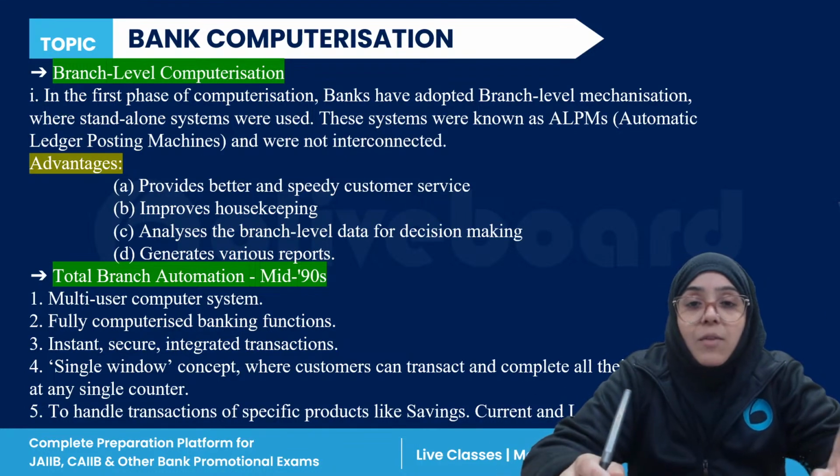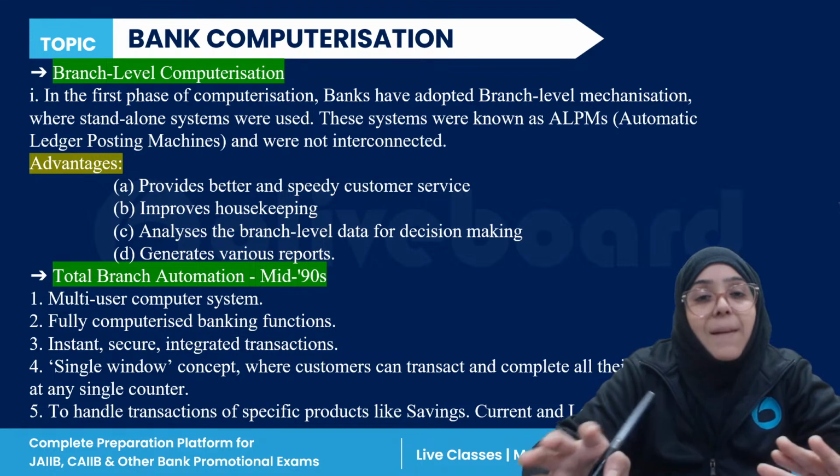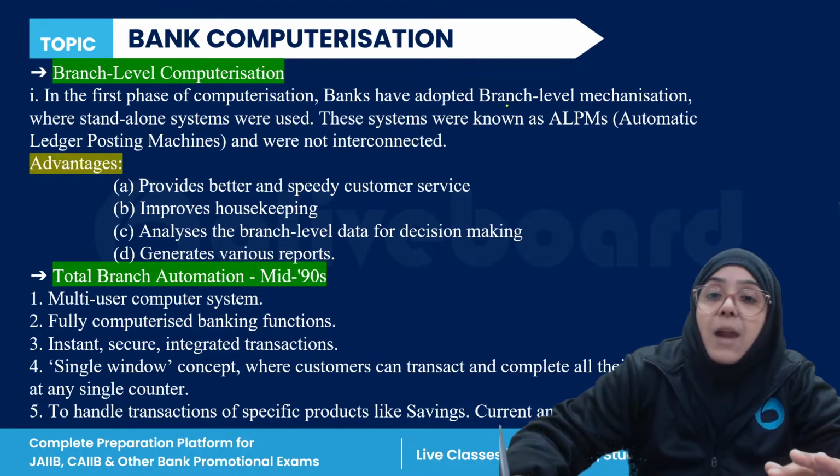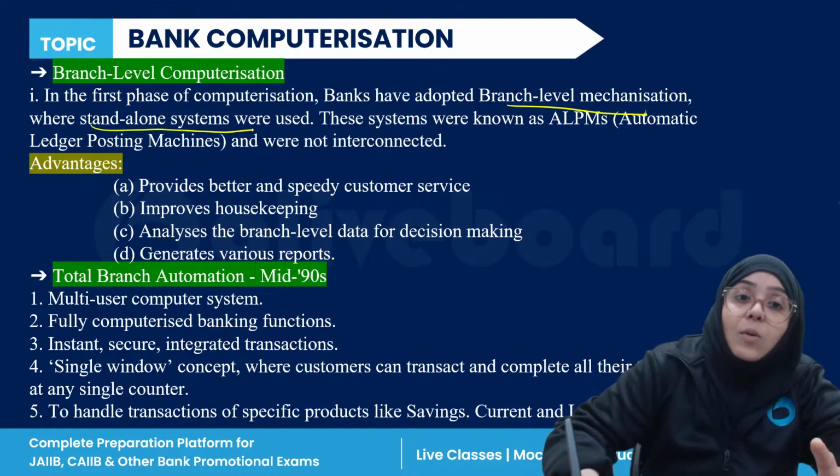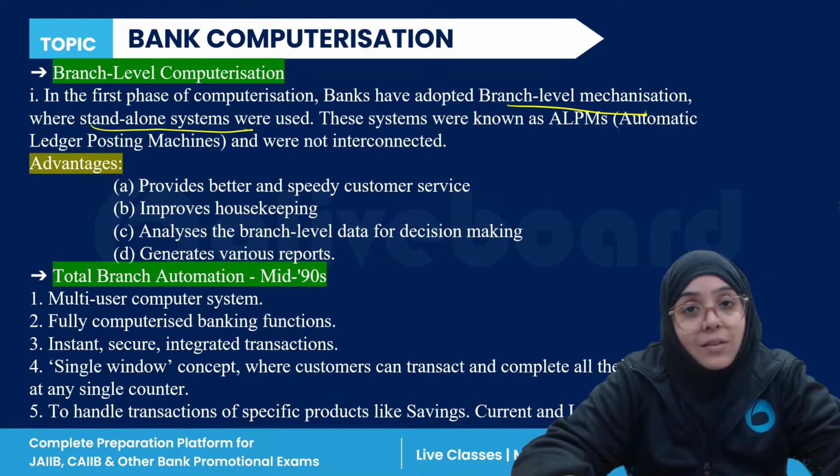Now, next, the branch level mechanization or computerization. In the very first phase, when there was talk of introducing computerization in the banking system, banks adopted branch level mechanization, where stand-alone systems were used at the very first stage.